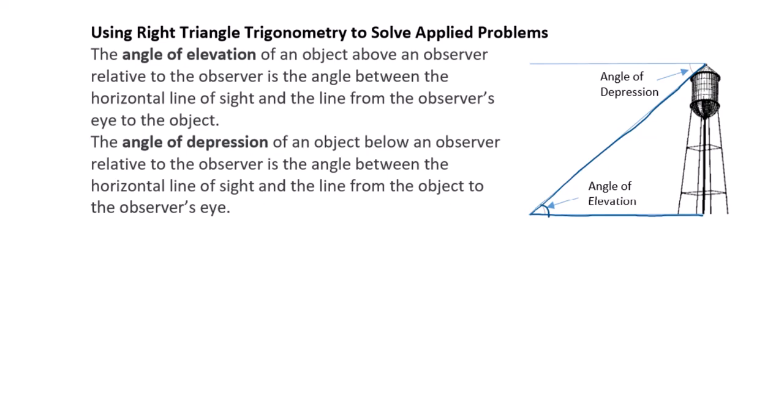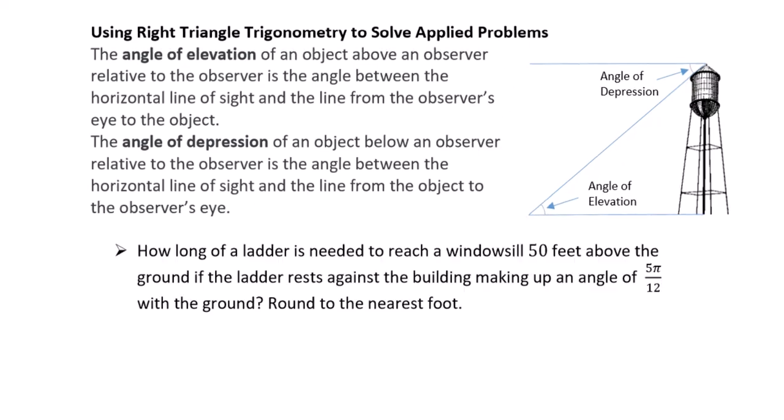The angle of depression of an object would be if we were looking from the top of that object. It's the angle between the horizontal line of sight from up here and the line from the observer's eye to the object as well. So with those definitions in mind, let's try this problem.